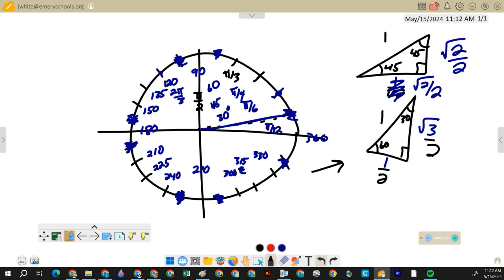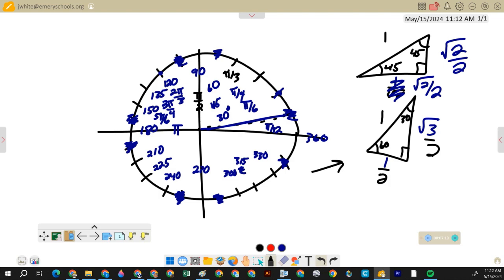And then 9 pi over 12 becomes 3 pi over 4. And then 10 over 12, 5 pi over 6. And we skip 11/12. And the next one is 12 over 12, also known as pi.